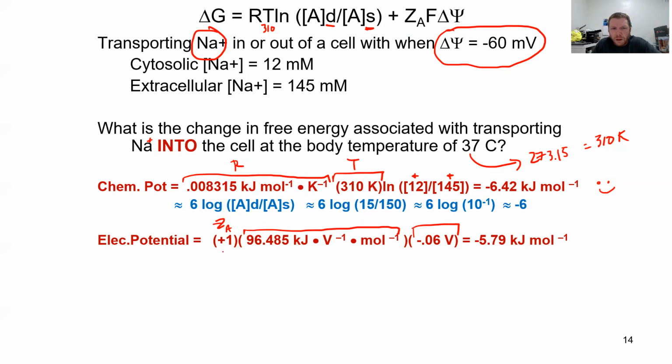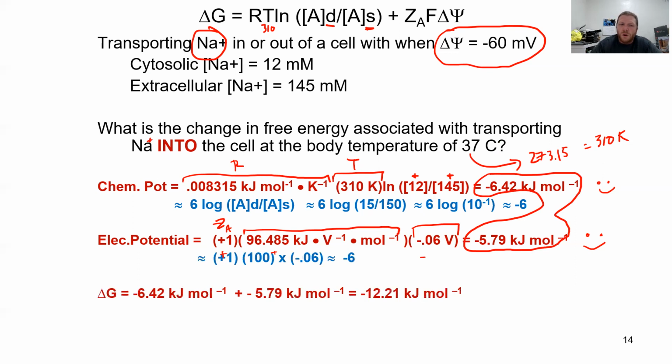Ultimately, a positive times a negative gives us a negative, so that would also be favorable. So our electrochemical potential is going to be negative 6.42 plus negative 5.79, which gives us a total delta G of negative 12.21 kilojoules per mole.